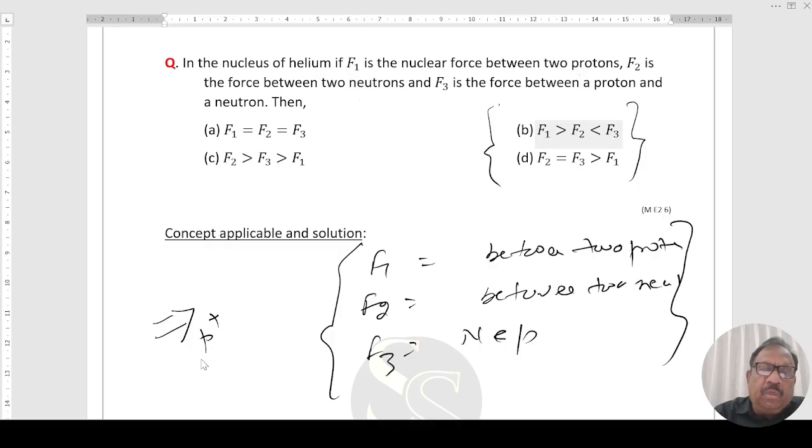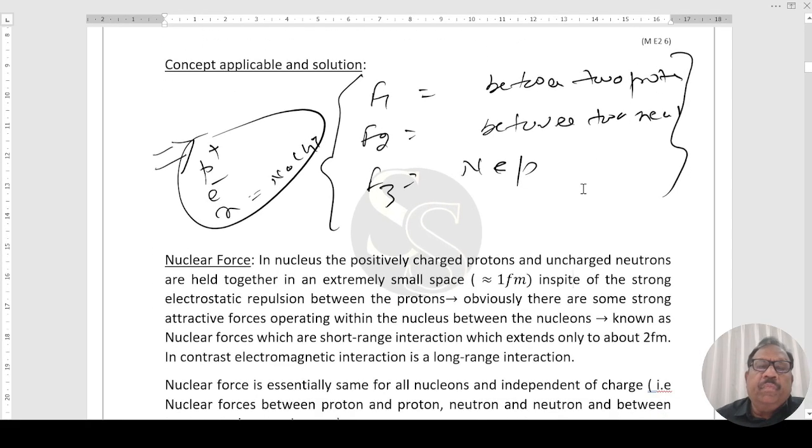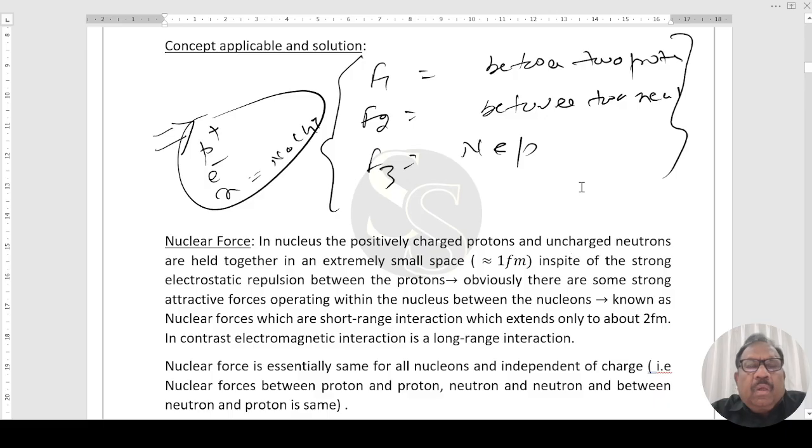Proton is positively charged, electron is negatively charged, neutron is neutral, right? Concept applicable: what is nuclear force? In the nucleus, the positively charged protons and uncharged neutrons are held together in an extremely small space of the order of 1 Fermi.